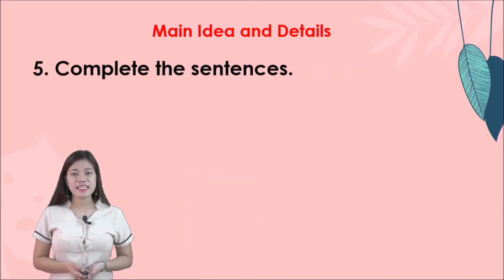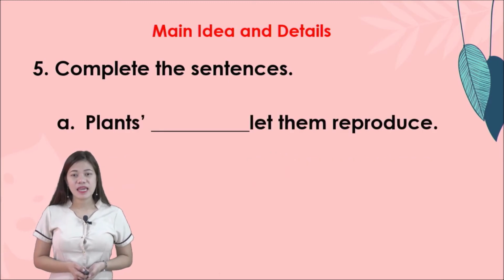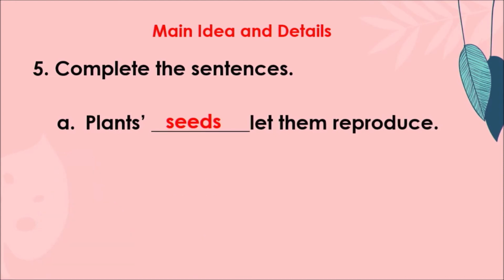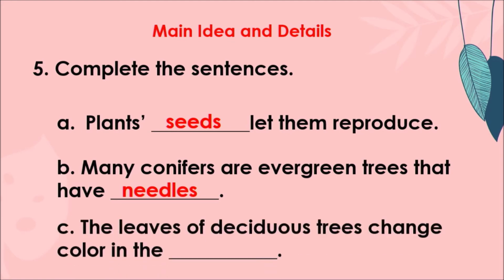Okay, main idea and details. Question number 5. Complete the sentences. Under letter A, plants blank let them produce. The answer is seeds. Letter B, many conifers are evergreen trees that have needles. And then letter C, the leaves of deciduous trees change color in the fall.